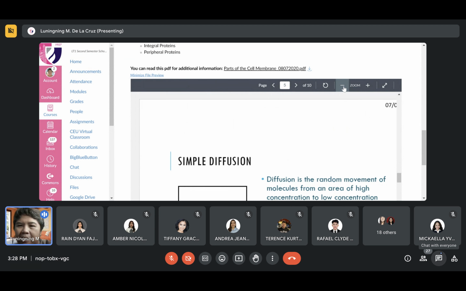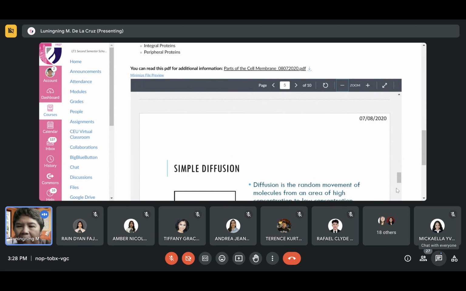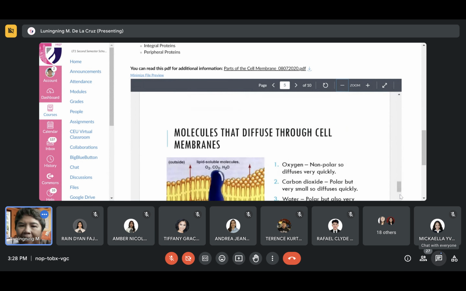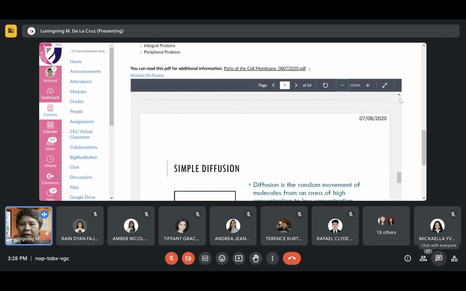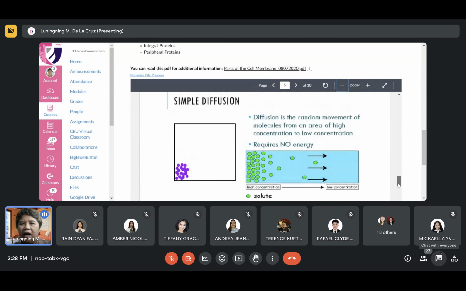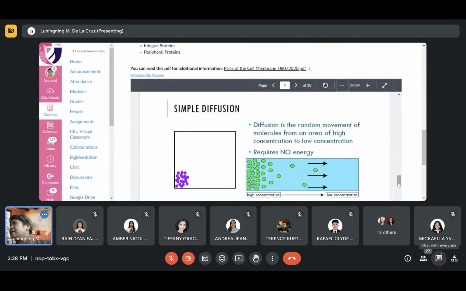Now, diffusion is an example of a transport system that does not require energy. So, what are the materials that are diffusing in our body? Now, look.